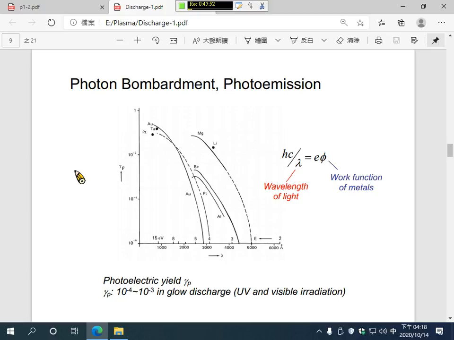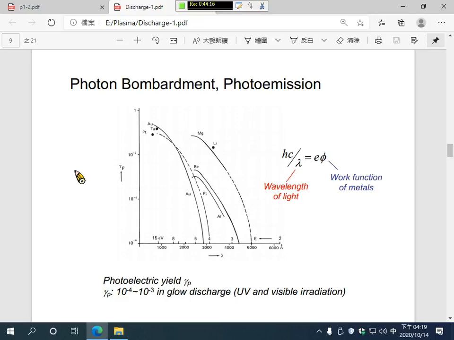We already know that inside the plasma there are different kinds of collisional processes. For the recombination process, when electrons meet a cation, they recombine together and lose the negative and positive charge.